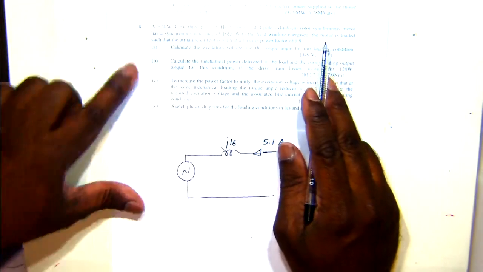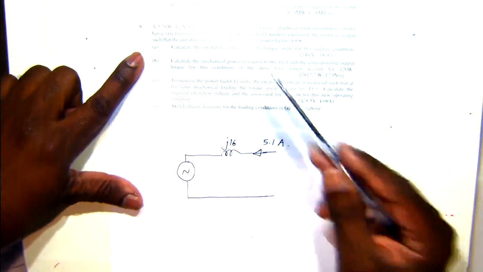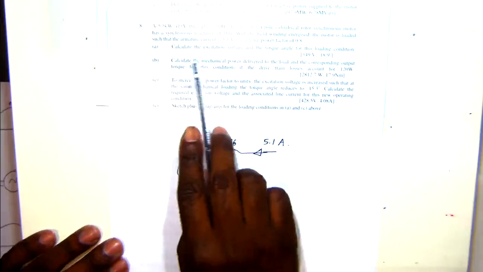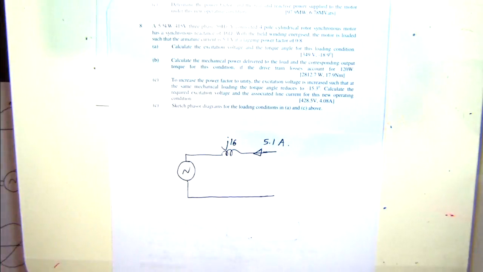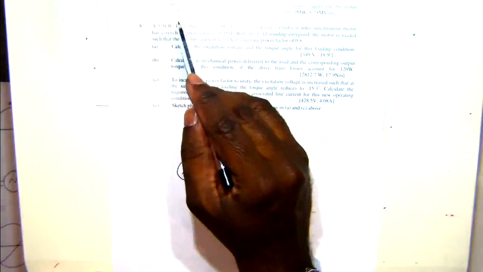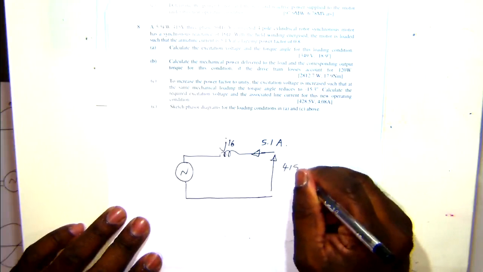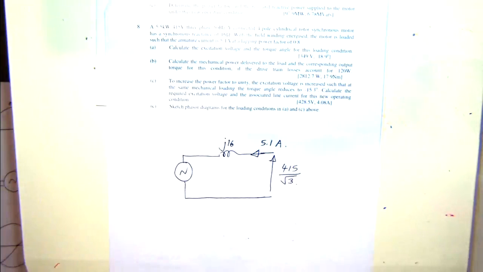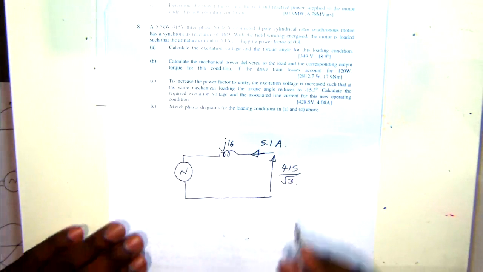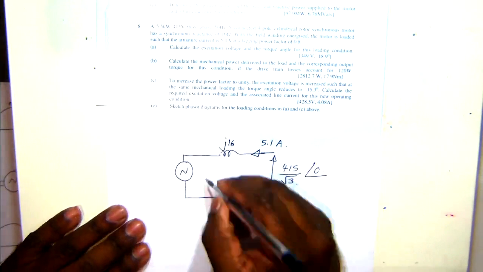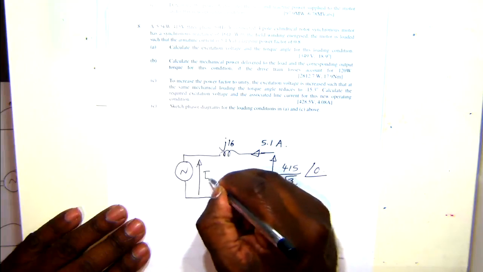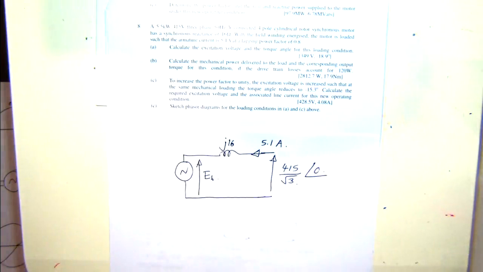The motor is loaded such that the armature current is that, and the synchronous machine terminal is at the rated voltage, so that's connected to the grid. The grid voltage is 415, so here the voltage is 415 over root 3. That's the per phase voltage, and this is our reference, 0. So we need to find this excitation voltage.